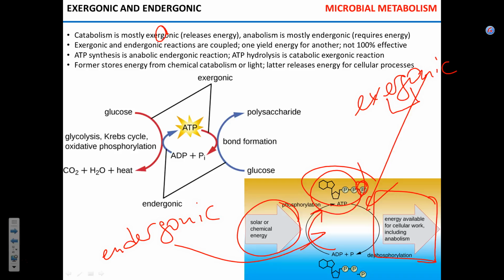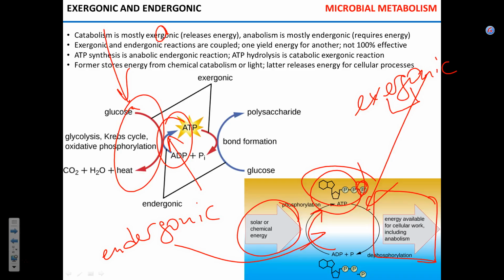Does that make sense? And if you look at the reactions in the cell, we've already learned that reduction and oxidation are always coupled. You cannot have one without another. Turns out that in most cases you cannot have the endergonic reaction, you see the blue one here, the endergonic without exergonic.